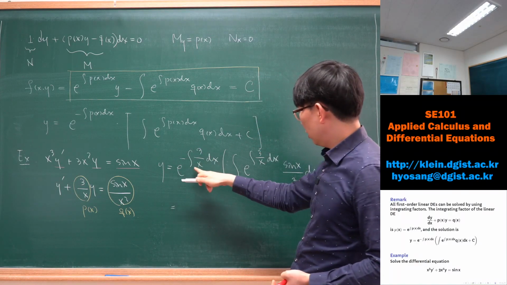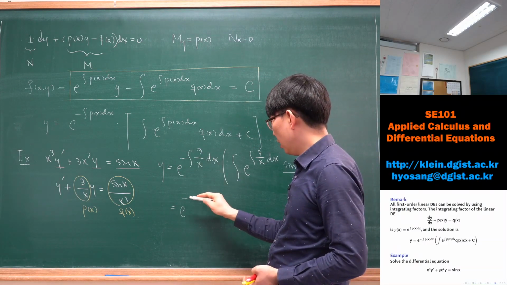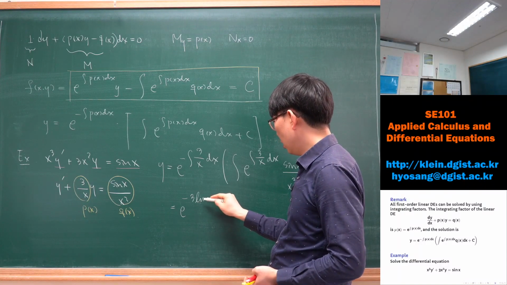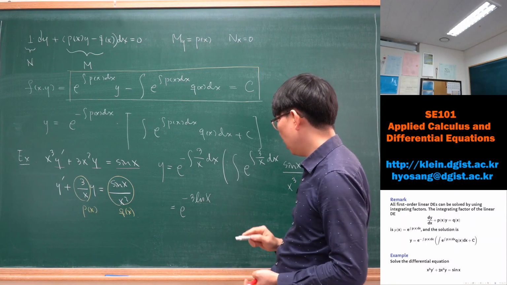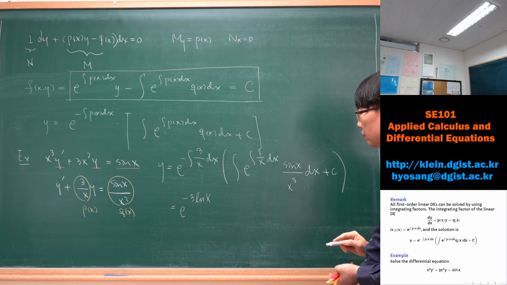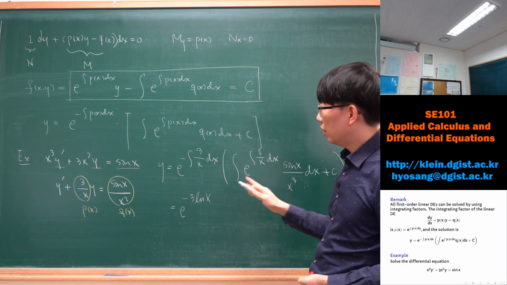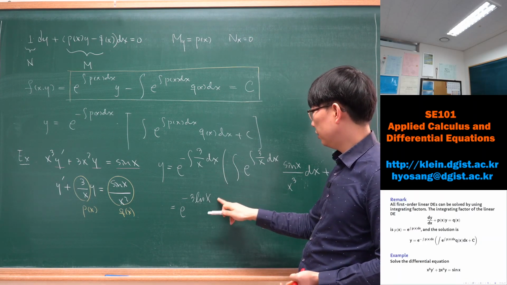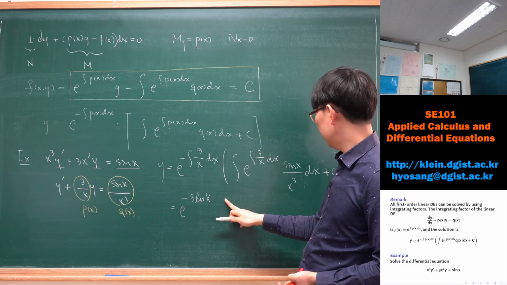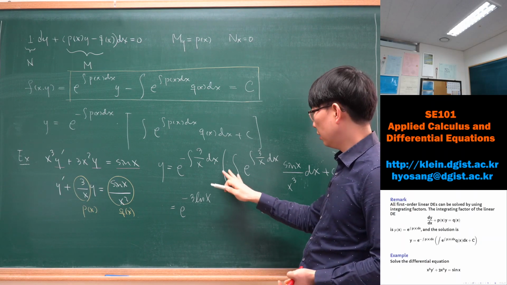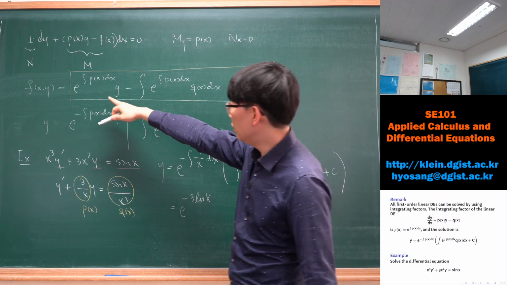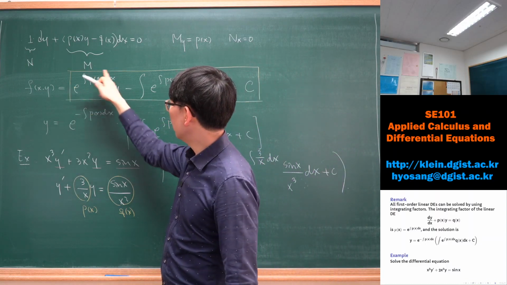So when you take the integration, this is 3 ln x, right? And do not take plus c here because that doesn't matter in this case. So here, this is considered to be the integrating factor.